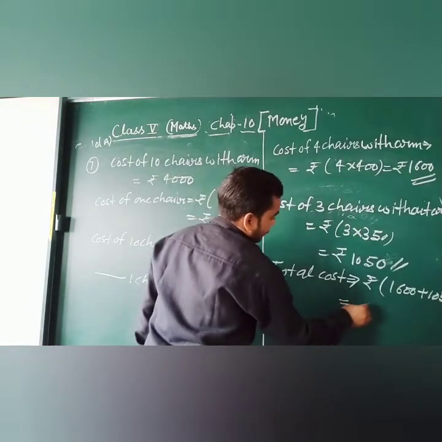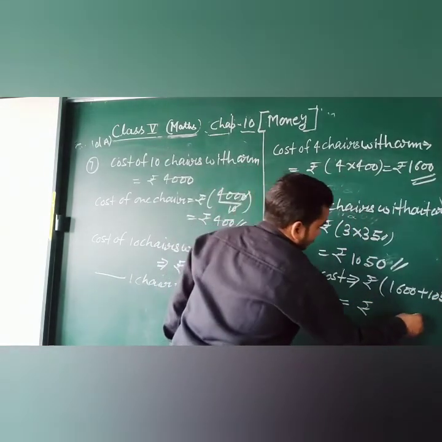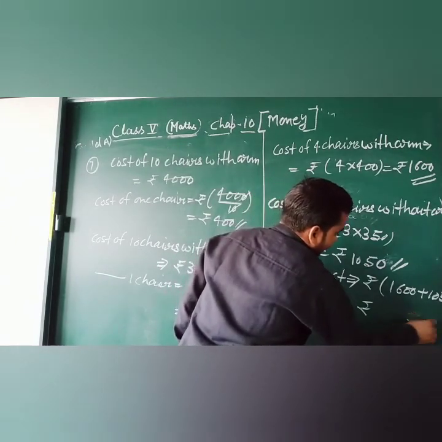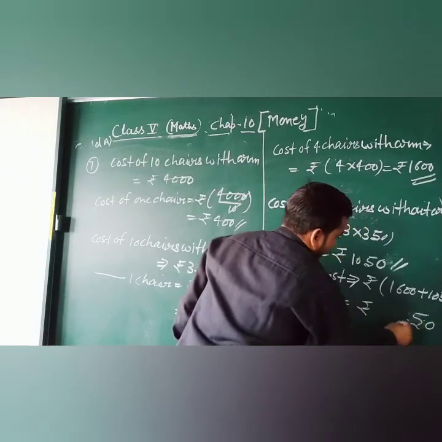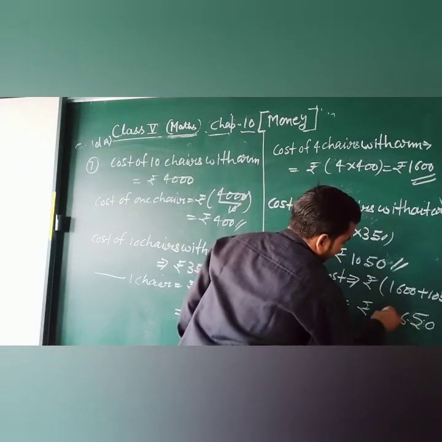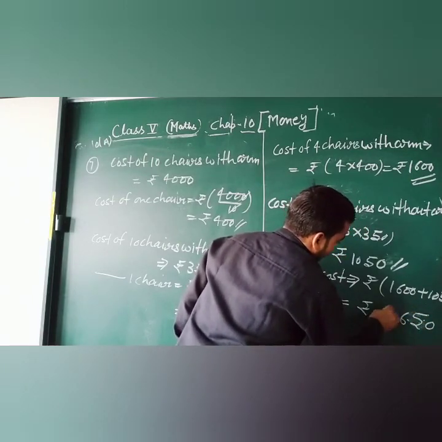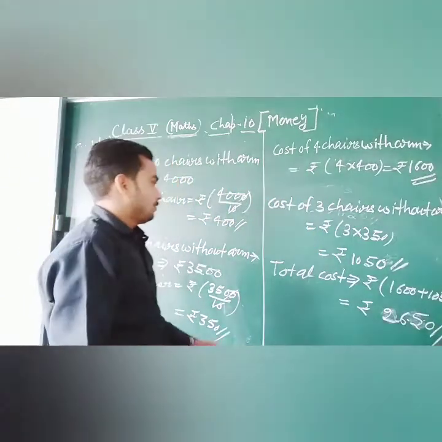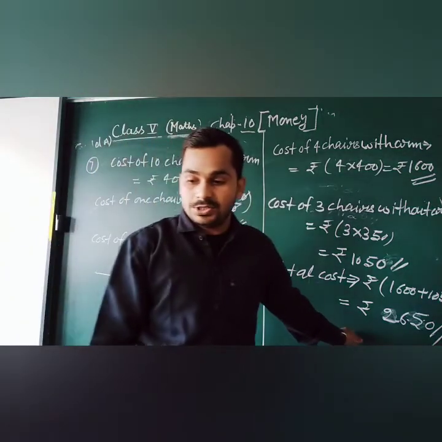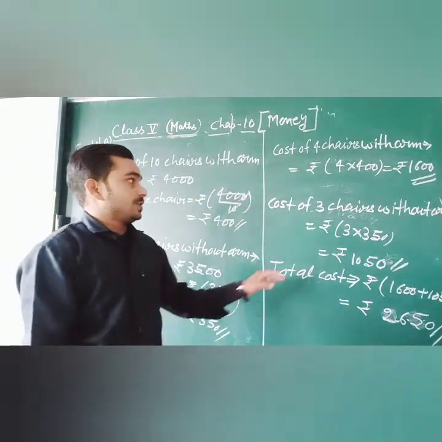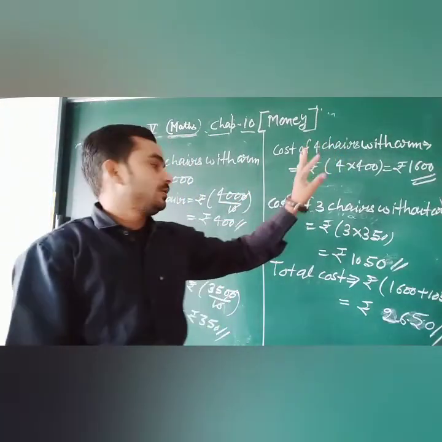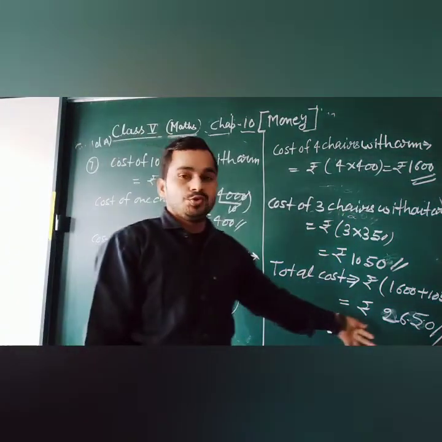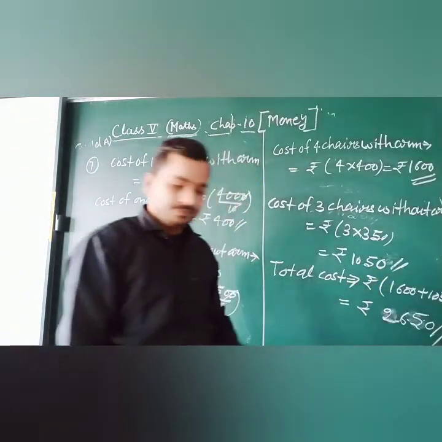So when we add 50 and 6, 1 plus 1 2, 2,650 rupees. So total cost, when the person buys 4 chairs with arm and 3 chairs without arm, he would have to pay 2,650 rupees.